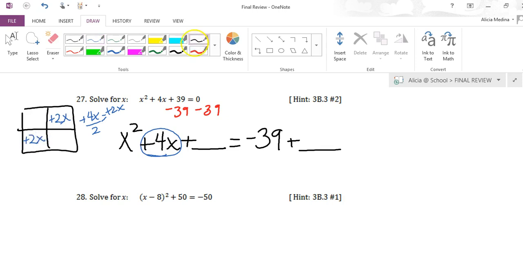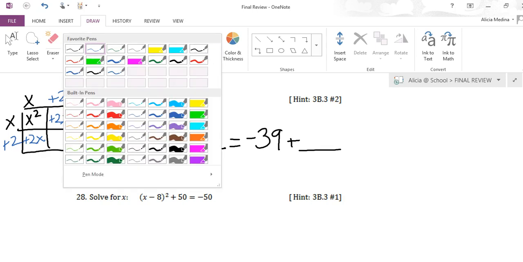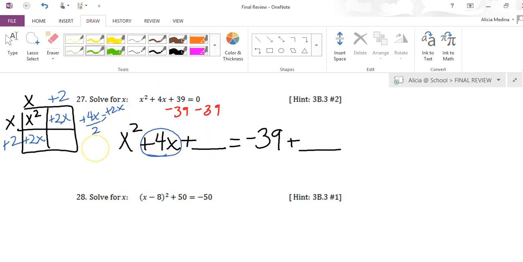That's going to help me figure out what the outside is. So this is going to be an x and an x. To get my positive 2x, I would have had to multiply by a positive 2 and a positive 2, which gives me my constant, because 2 times 2 is a positive 4. I am multiplying, so that positive 4 is what I'm going to put on each side.